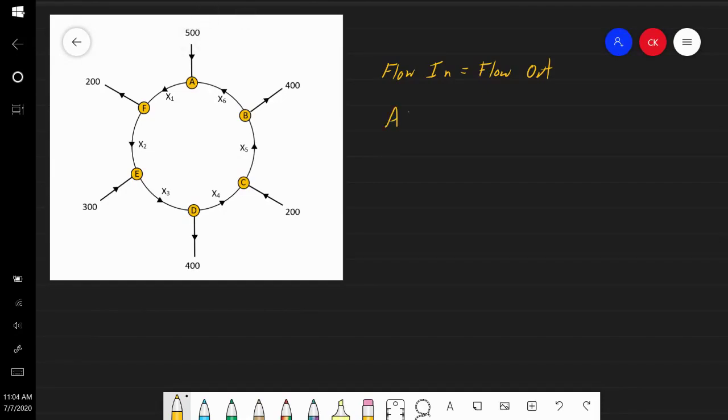So we have A, B, C, D, E, and F. And we'll just use our flow in equals flow out. So for intersection A, you've got a flow in that's going to be 500 and x6. So x6 plus 500 equals the flow out, and it only comes out on x1 for that intersection.